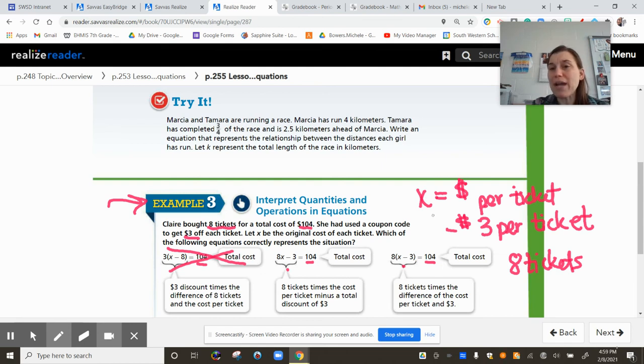So the thing I'm subtracting is the X, which is dollars per ticket, minus $3 per ticket. See how they have the same label? That's why I'm able to subtract them, because they have the exact same label. So X minus 3, I have to do that first, then multiply by 8. So it's this one. That is the correct equation to represent the situation.